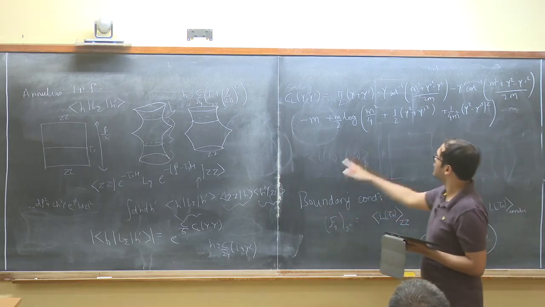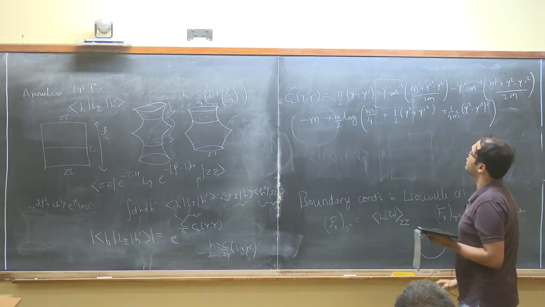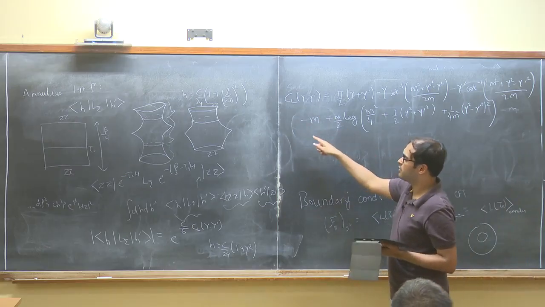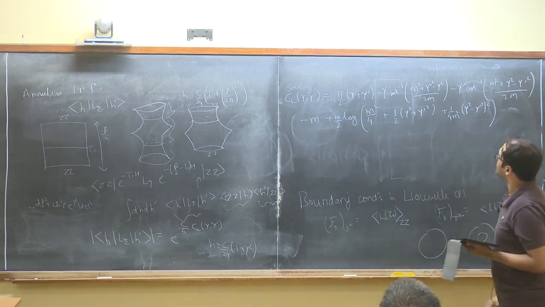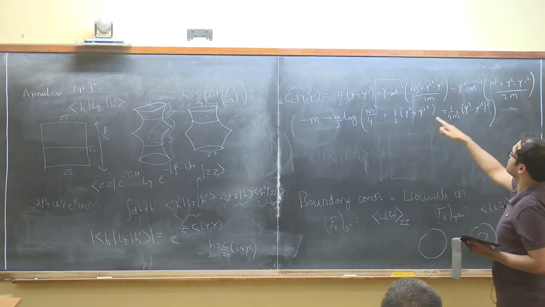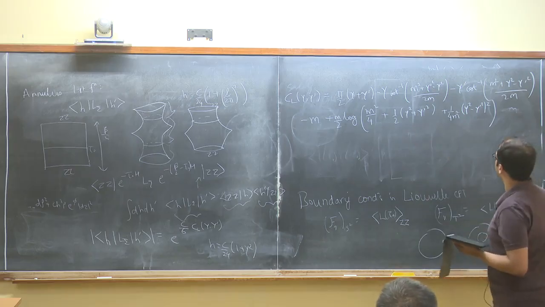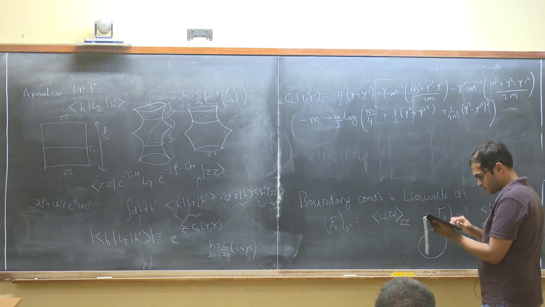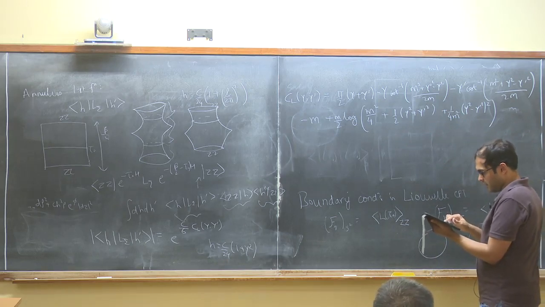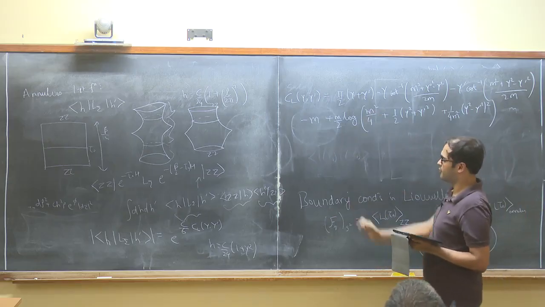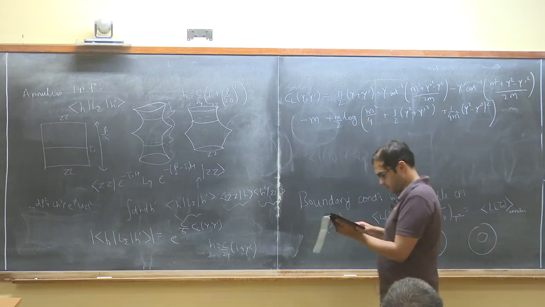This is the expression for the matrix elements. They are functions of two conformal weights and the mass of the defect. As you can see, they are symmetric under exchange of the two weights, as you would expect. And in fact, this also turns out to be very closely related to the Cardy formula for these line defects.